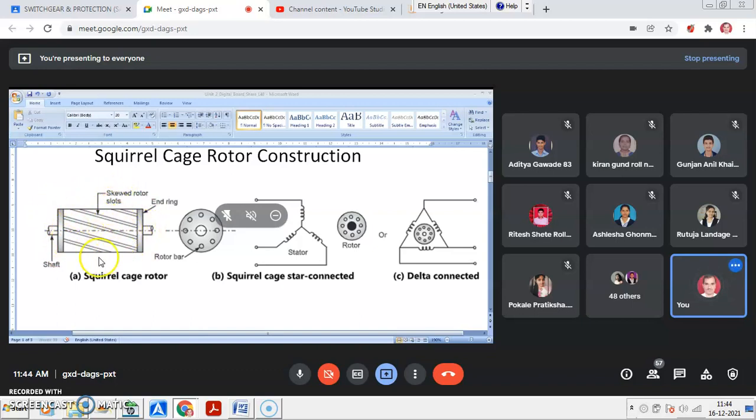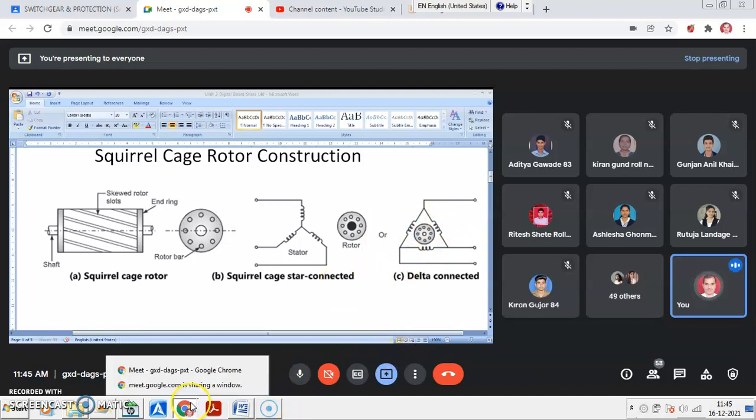You already studied the construction, I am just explaining in brief. This is a stamping of rotor, provision for shaft, provision for rotor bar slots. Okay. Rotor winding may be either connected in star or in delta. Any doubt? You can ask if you have.